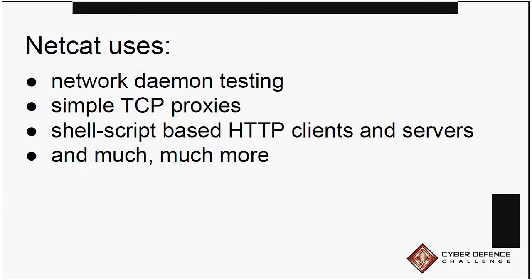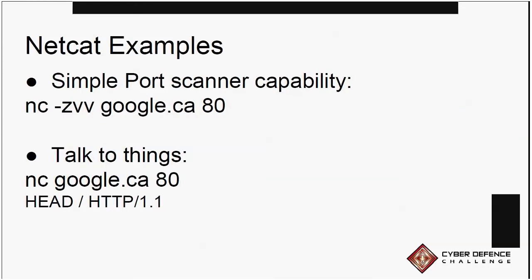Also, for day-to-day work in production, a shell script based HTTP client and server can be created. For example, if I need to request some information from Google, or let's just put it simply, some weather information, and I need to present it via my script or publish it to a different format, it can be easily accomplished via NetCat. And there are many more uses, and we'll talk about them a bit.